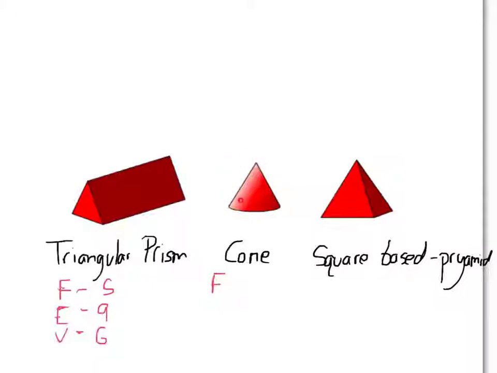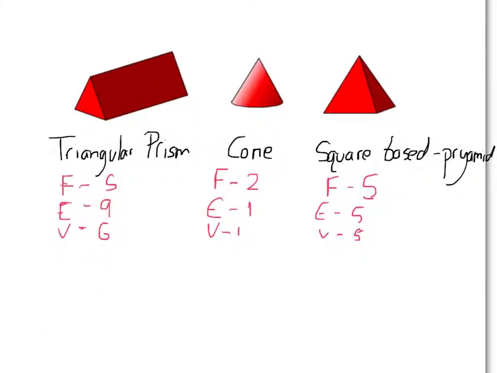It's got this one round the middle and 1 on the bottom. It's got 1 edge at the bottom, and for vertices, it has 1 point. On a square-based pyramid, we have 5 faces, 5 edges, and 5 vertices.